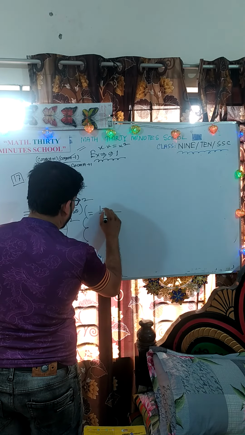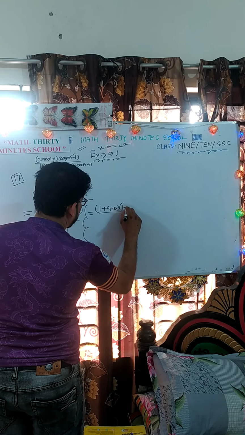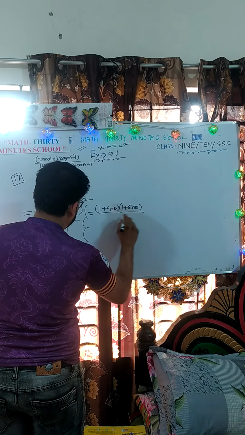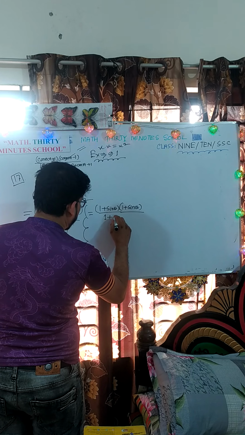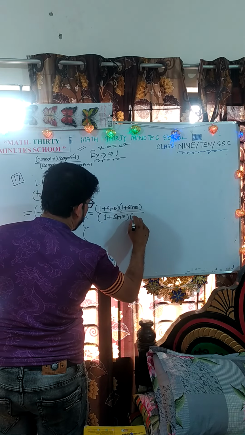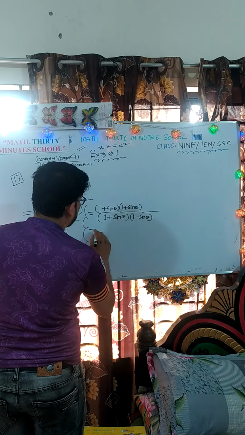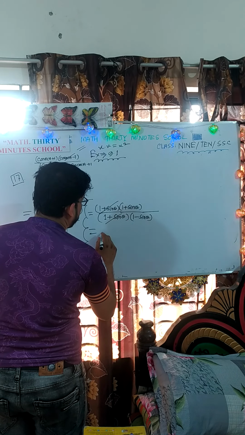Now we can write 1 plus sin theta whole square as 1 plus sin theta into 1 plus sin theta, 2 times, and we know a square minus b square equals a plus b into a minus b. Using this formula we can write 1 plus sin theta into 1 minus sin theta at the denominator. So we can cut 1 plus sin theta by 1 plus sin theta.